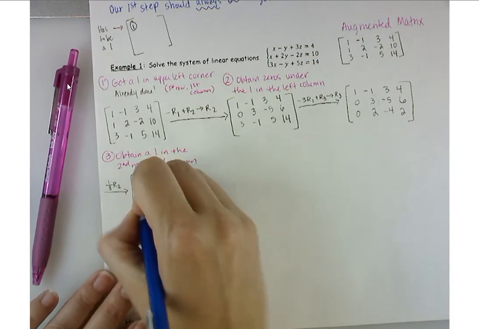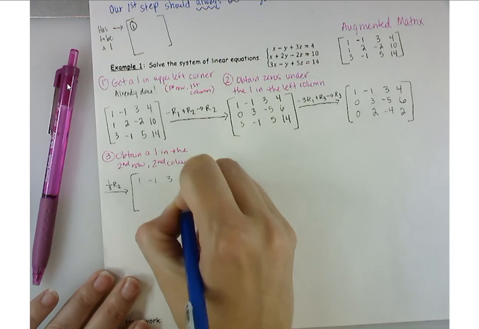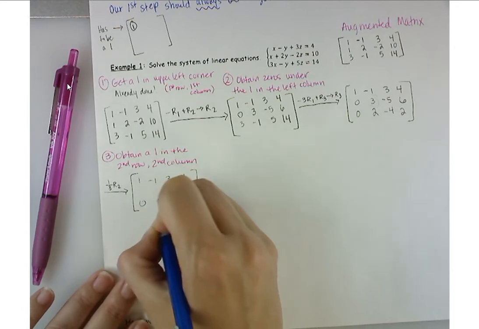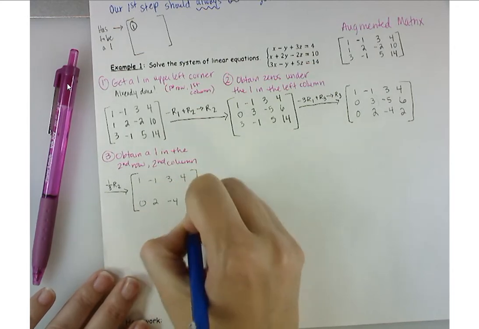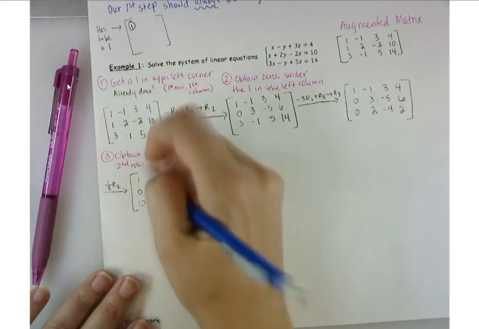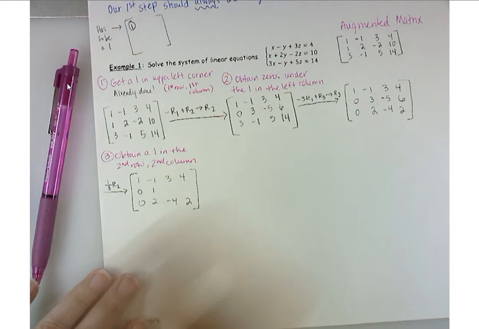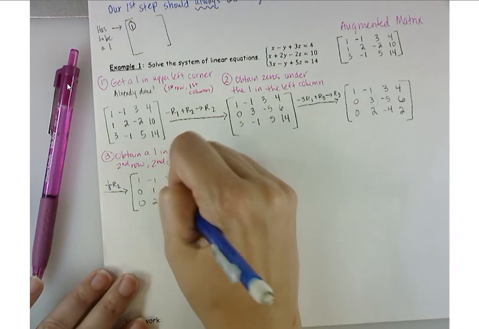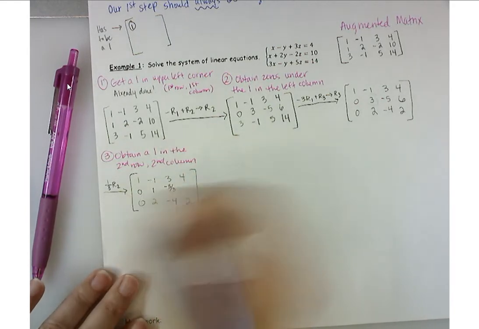Which means my first row stays the same, and my second row stays the same. So 0 times anything is 0. Multiply by the reciprocal will give you 1. Here I'll have -5/3. 6 divided by 3 is 2.